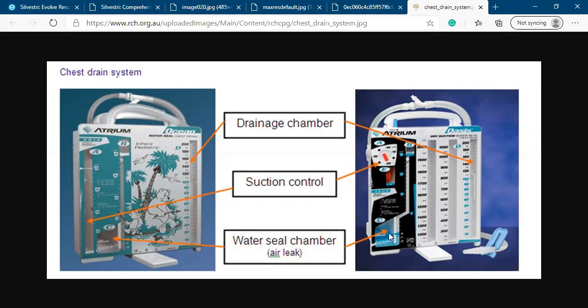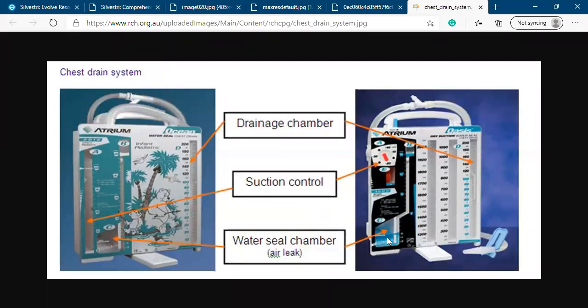Continuous bubbling in the water seal is a bad sign, indicating leakage.